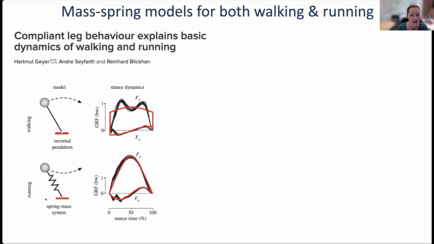And so what they did was develop basically a combination model. It's basically taking a mass spring model and adding 2 legs, and then considering how variation in contact conditions and leg stiffness can model multiple walking and running gaits.